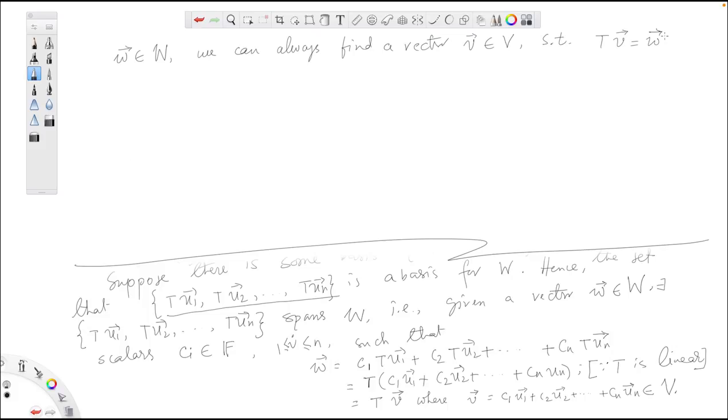Which means that the range of the linear transformation T is the whole of the vector space W. In other words, T is onto.